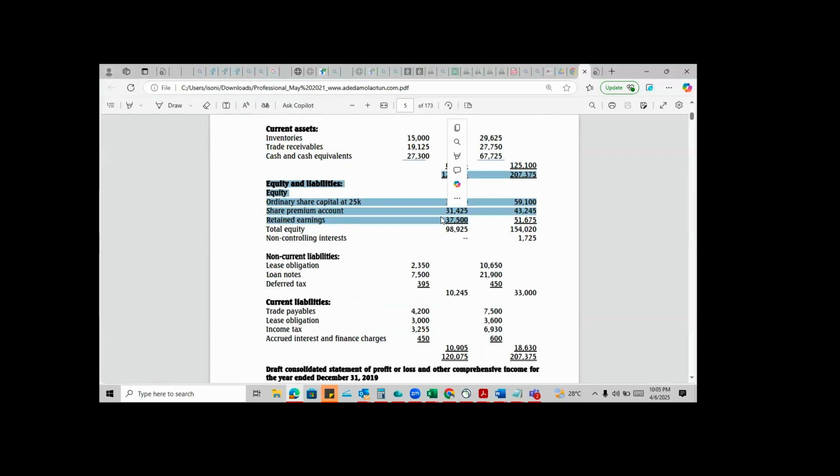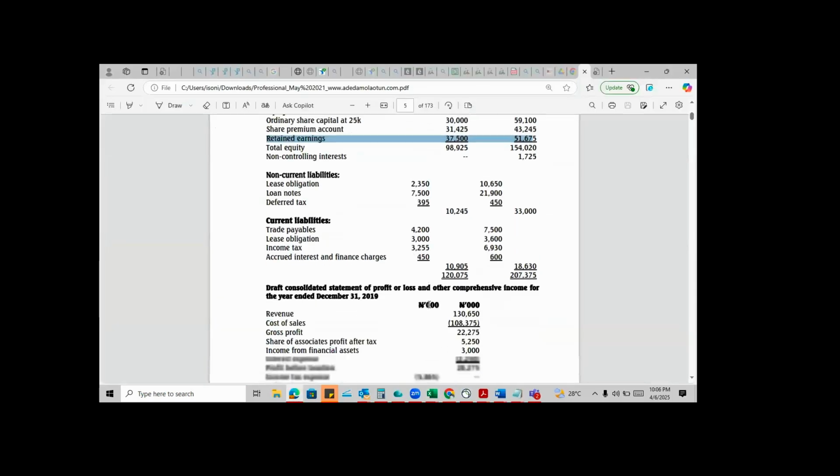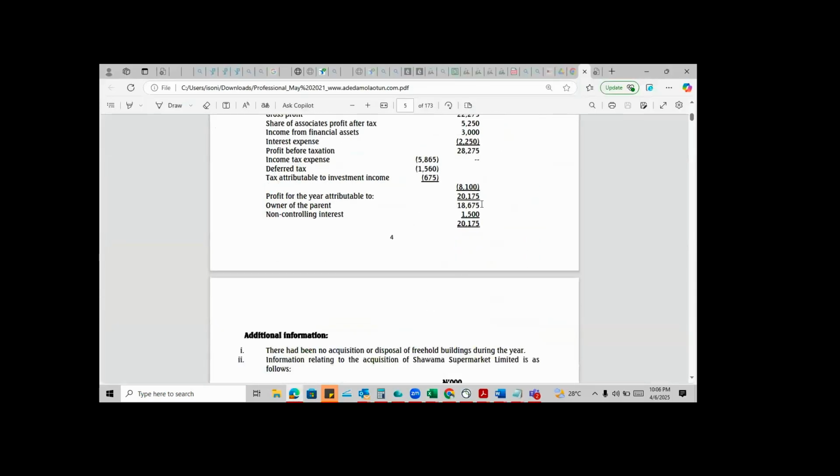Now, the profits that will come, we have been doing consolidation for a while now, so it shouldn't surprise you that the profit element here that you see in this retained earnings is that of the parents. So the profit element you will see there is the profit attributable to the parents, which they would have separated here at this level, 18,675.